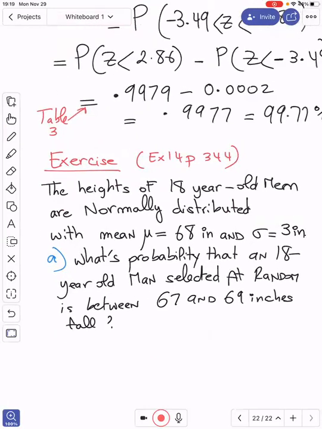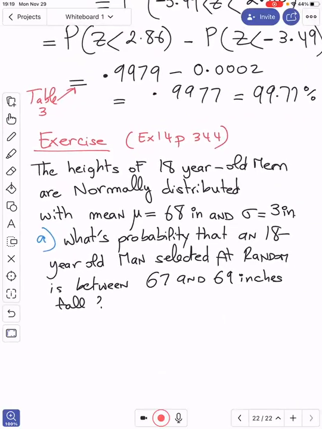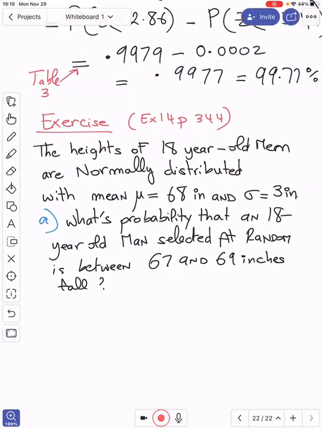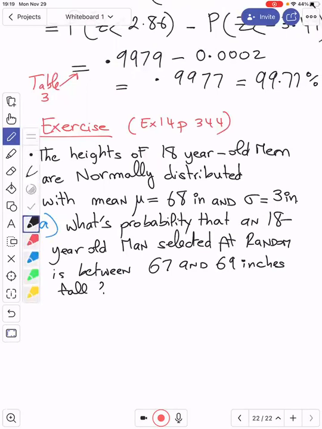So this is just a single man, just one 18-year-old man. Now in B, I'm going to take a sample.